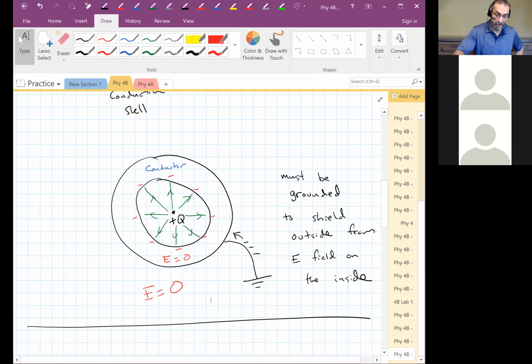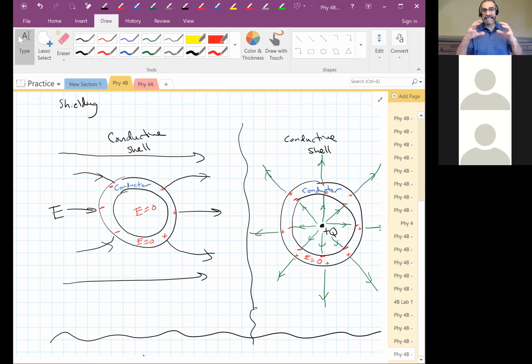So the shell shields the inside from any external electric fields. The only way to get an electric field inside of the cavity of that conductive shell is to put a charge in there. So if there's no charge inside the shell, then E is 0. If there's a charge inside the shell, then there's an electric field due to the charge inside the shell.